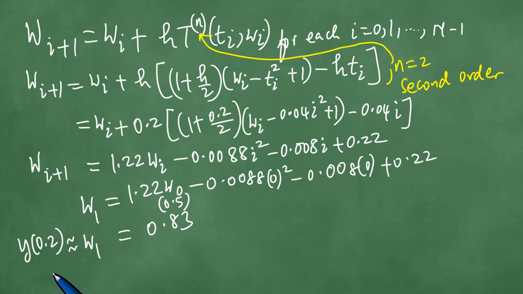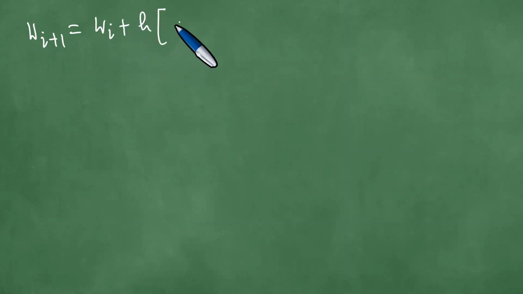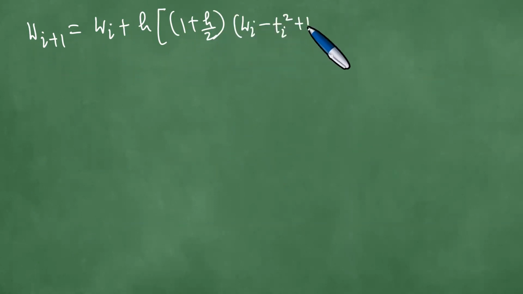So this is W1, let's do W2. So w(i+1) is the same as wi plus h. This is the formula we got: the Taylor multivariable function, squared plus 1, hti.